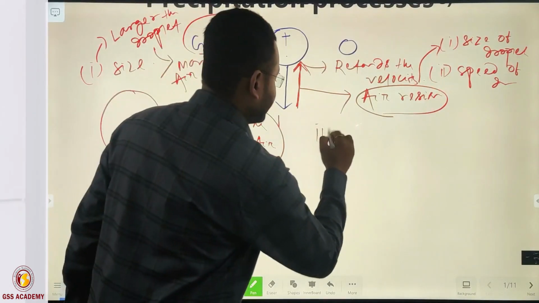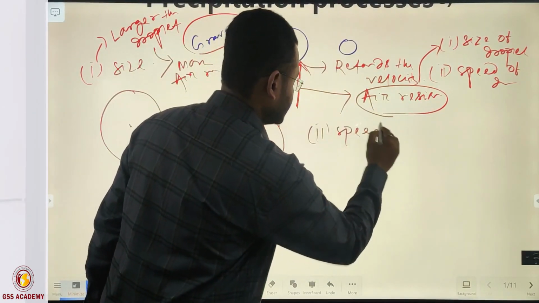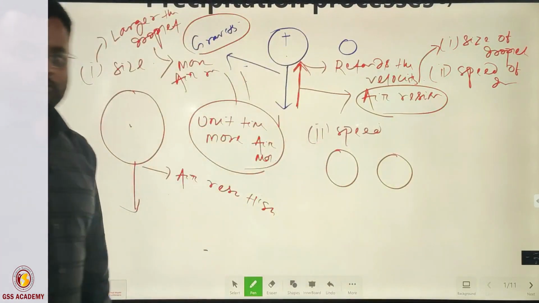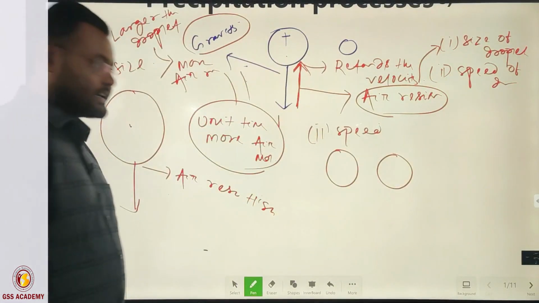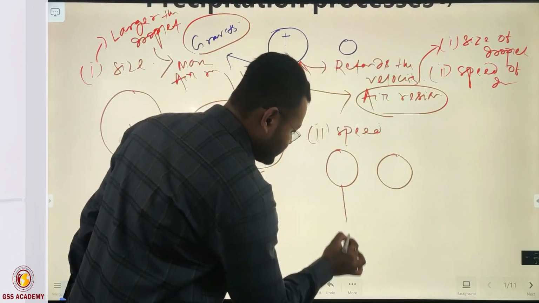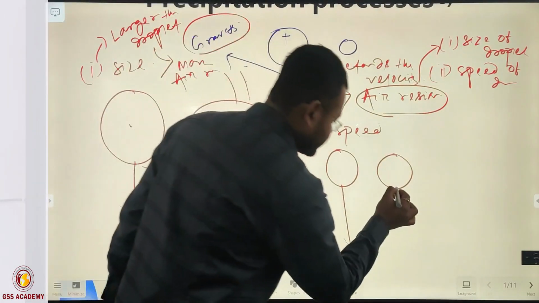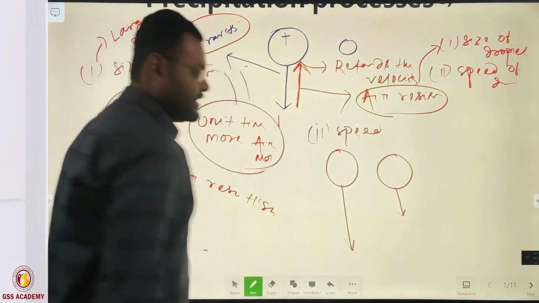Now coming to the speed part. Suppose we have two same size cloud droplets, but one droplet is falling at a higher velocity and another droplet is falling at a very slow speed.